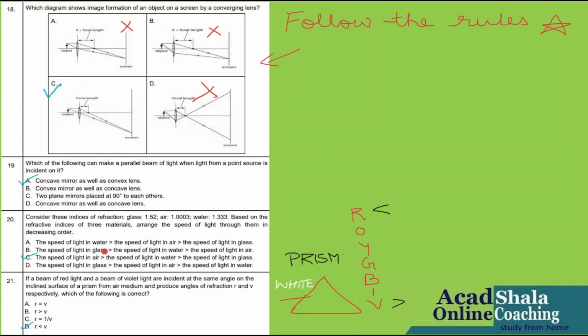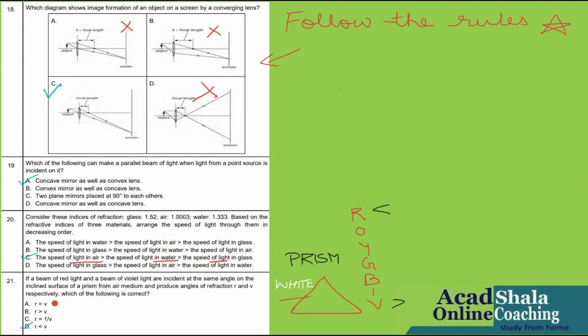That means the one which is optically lighter. We know it with our prior knowledge. The sequence will be air, water, glass. Now, if I know the sequence, I will see where it is placed among the 4 options. So the C part comes out to match my prior knowledge. So C is the most appropriate answer for this question.